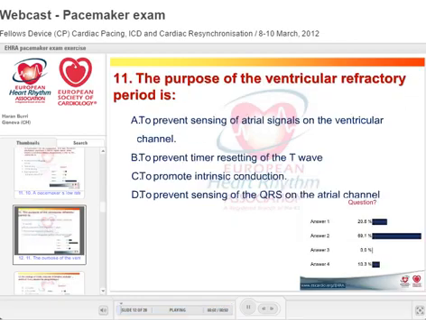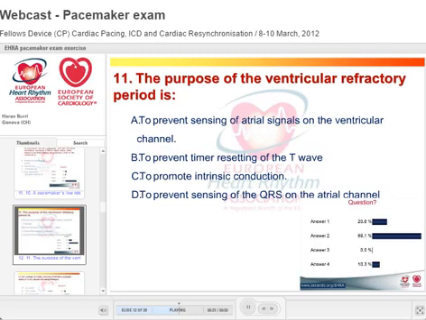Okay, next question. The purpose of the ventricular refractory period is, go ahead and vote. Okay. To prevent timer reset of the T wave, that's perfectly correct. So that's the ventricular refractory period. It's very unlikely that intrinsic atrial signals get sensed in the ventricle.